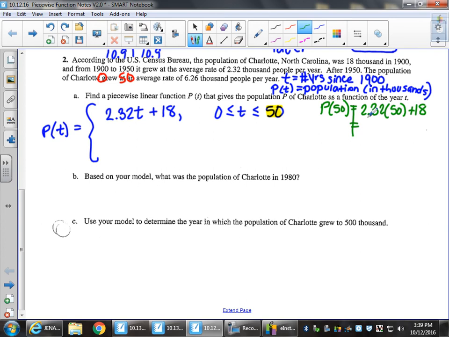I get 134. So ask yourself, what ordered pair comes from this calculation? When x is 50, the population is 134.